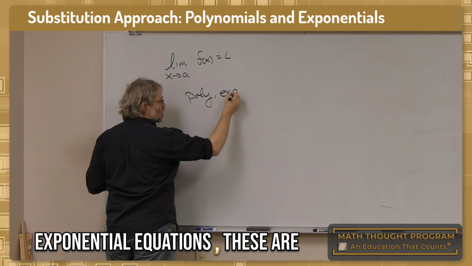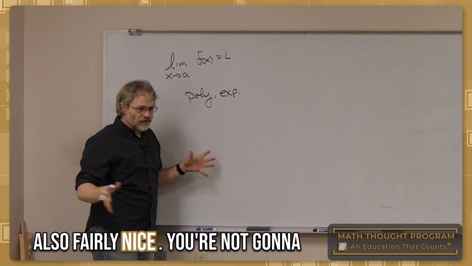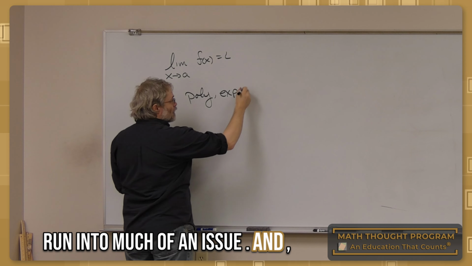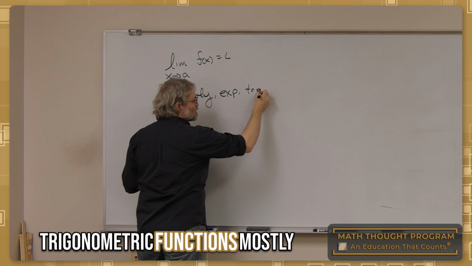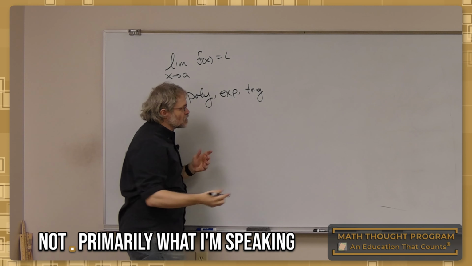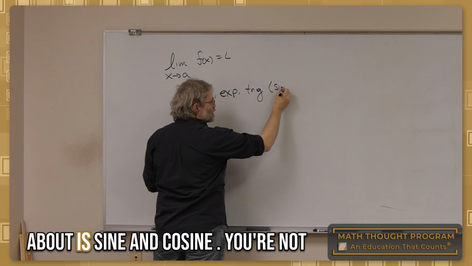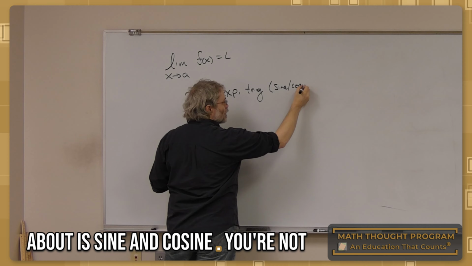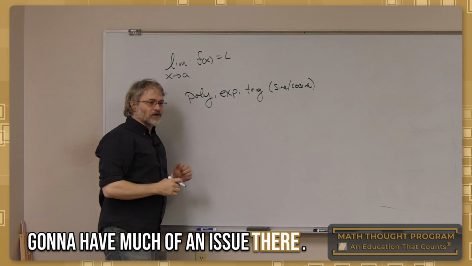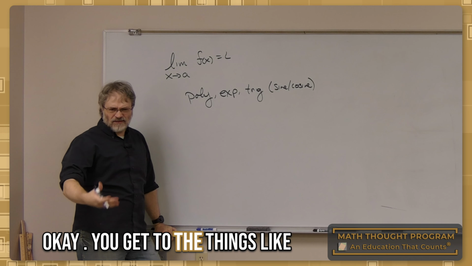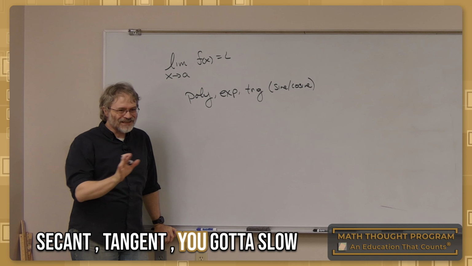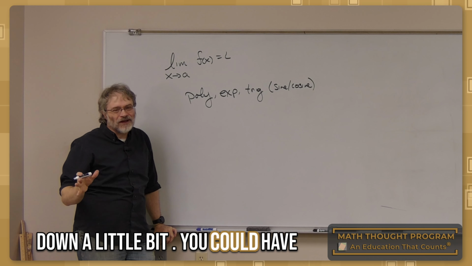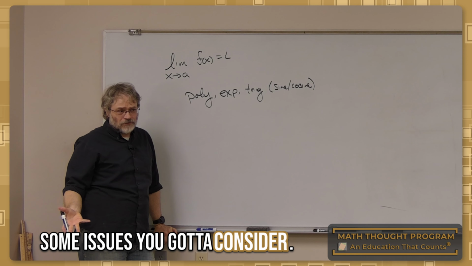Exponential equations are also fairly nice. And trigonometric functions, mostly not, primarily sine and cosine. Once you get to things like secant and tangent, you've got to slow down a little bit. You could have some issues to consider.